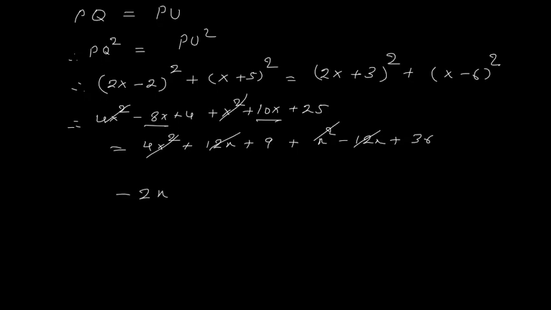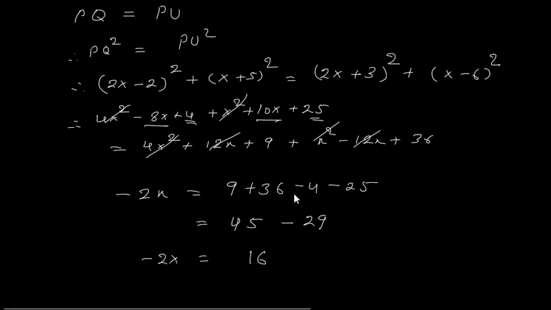Then here 25 plus 4. What I will do, I will move all constants on right hand side. So on right hand side we have already 9 plus 36. This 4 will come on right, it will become minus 4, and this 25 will become minus 25. So 36 plus 9 is 45, minus 29 is 16.